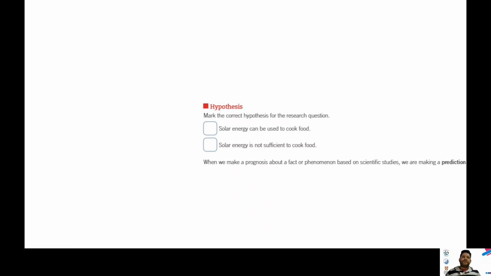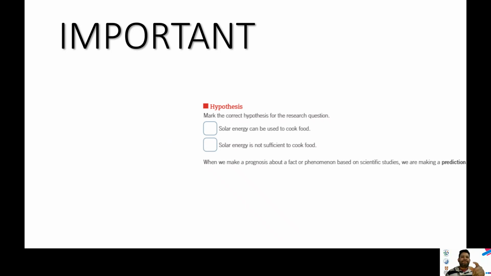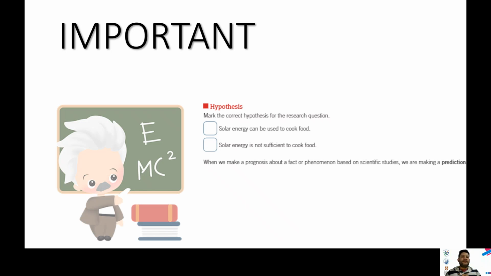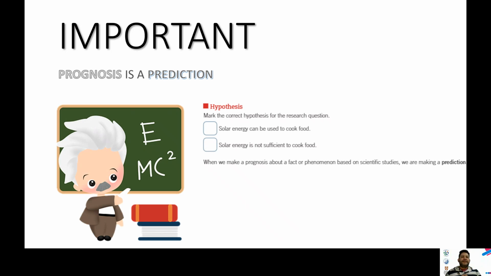So good. Now it is time to check our hypothesis. This is important, friends. In a hypothesis, guys, we make a prognosis. So you say, teacher, a prognosis? What's that word? It's a prediction.